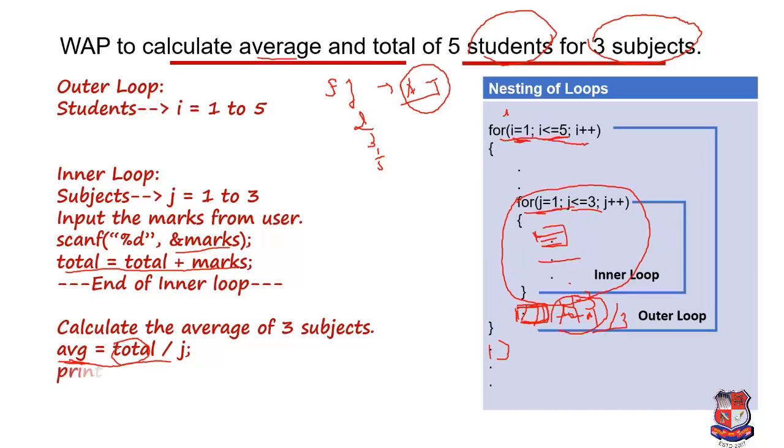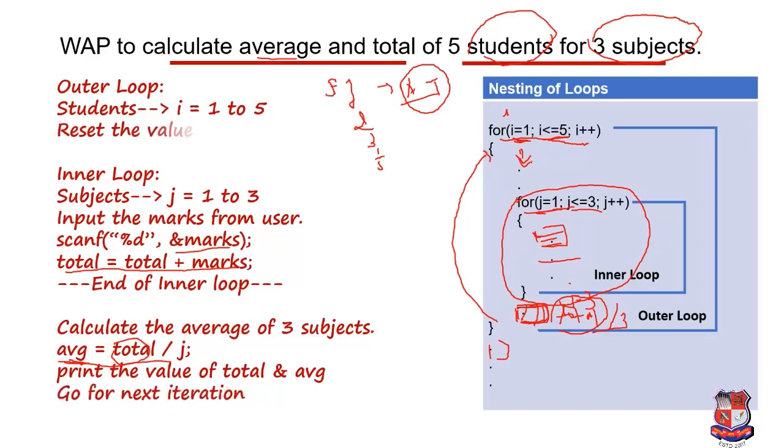Now the loop goes to the next iteration of i. Here we have to keep in mind that we have to make the value of total 0. Why?